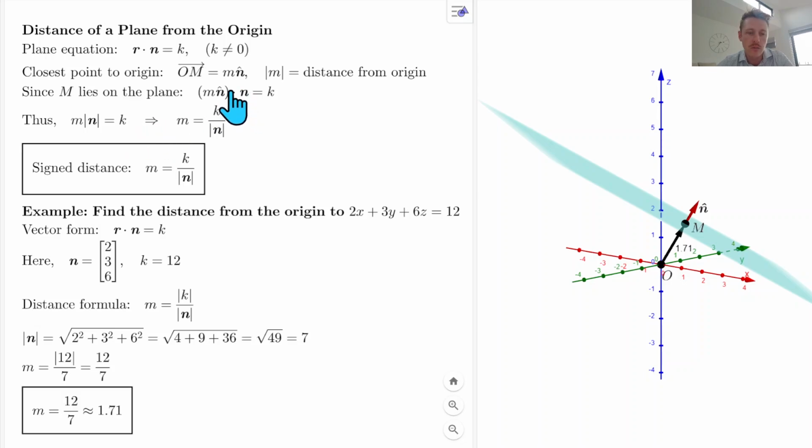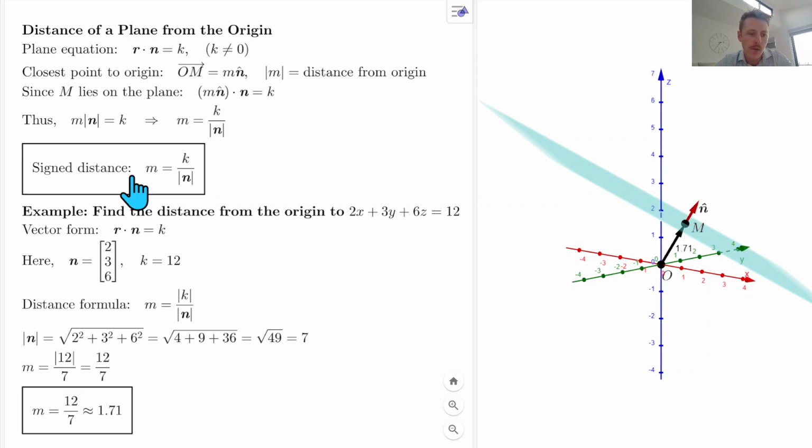We know from previous videos that when we take the dot product between a unit vector and a vector, we get the magnitude of that vector. And we know as well that the dot product is associative. So we come to this result: m multiplied by the magnitude of n equals k. Rearrange, and we get that m equals k on the magnitude of n, so that is our signed distance to the plane.